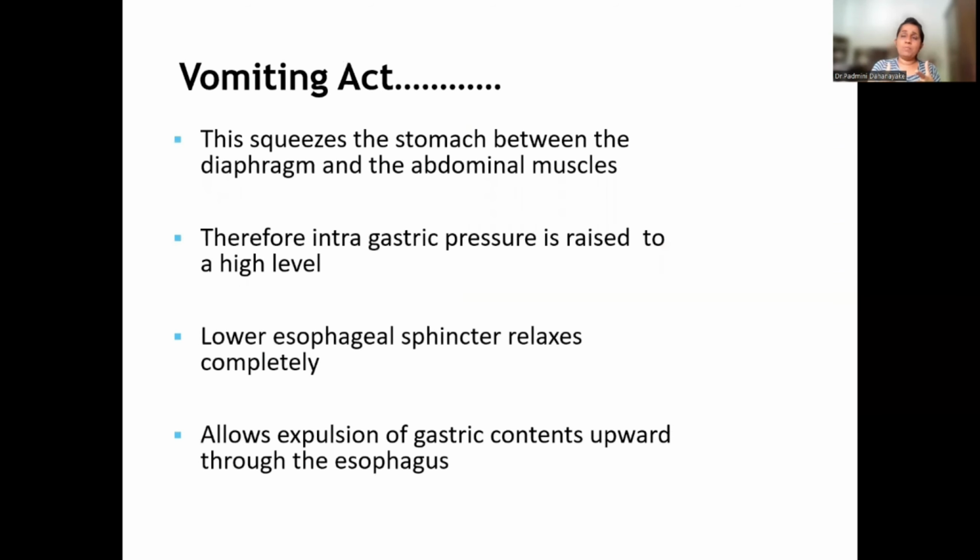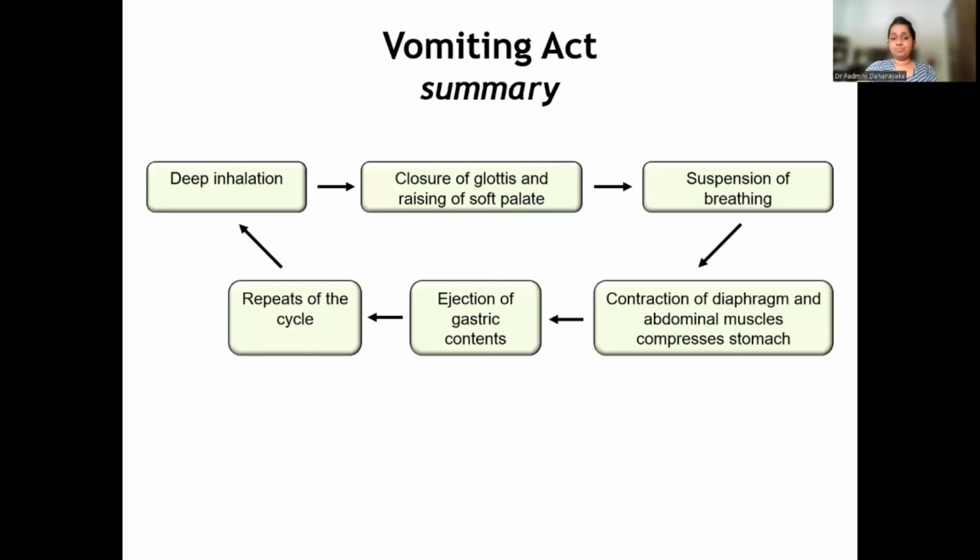With the increased intra-abdominal pressure and the diaphragm pushing downwards, it will squeeze the stomach between the diaphragm and the abdominal wall muscles, and intragastric pressure will be raised. So now your lower esophageal sphincter will be relaxed completely, because of the increased intragastric pressure. So it allows expulsion of the gastric contents upward into the esophagus, out of the stomach.